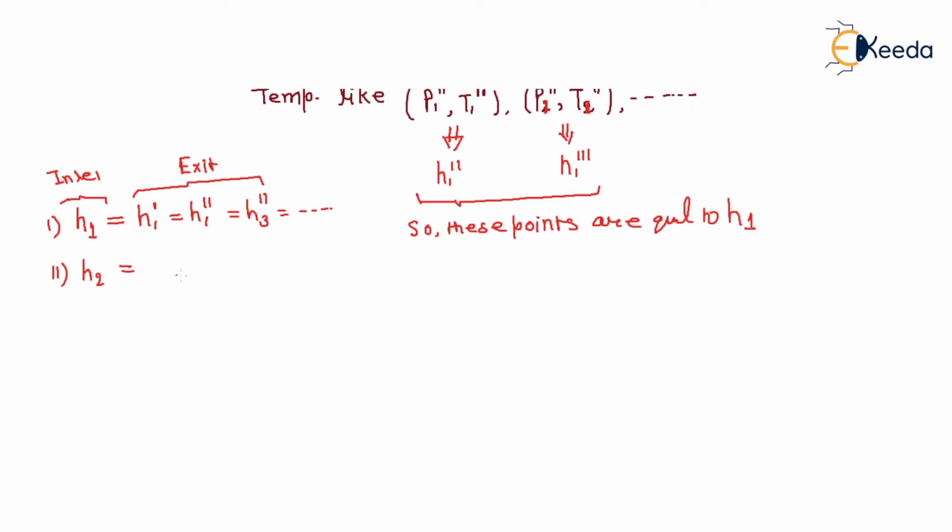So at inlet you have H2 and a different set H2 dash, H2 double dash, H3 double dash. You have again H3 at inlet, so H3 dash, H3 double dash, H3 triple dash. You have again a different set corresponding to different pressure and temperature.